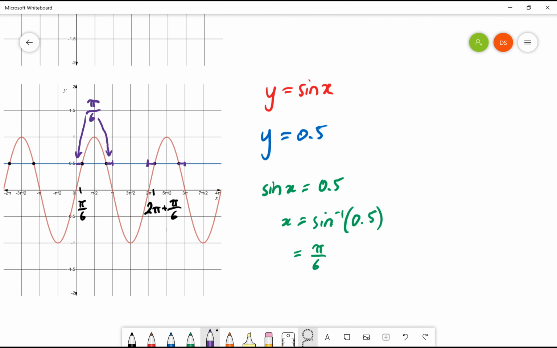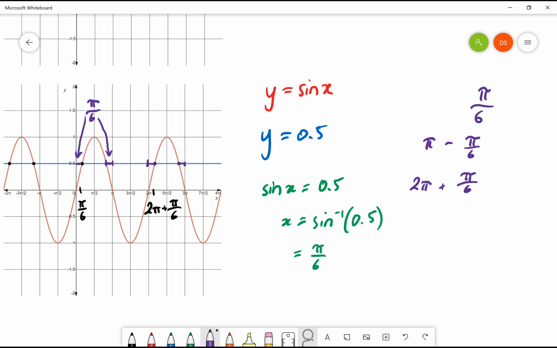Right, here we go. So the first solution we'll start with is pi on 6. I'm going to just rewrite this as pi on 6 with a bit of space. The next solution that we looked at, pi minus pi on 6. That's this one here. And then the next solution is 2 pi plus pi on 6.